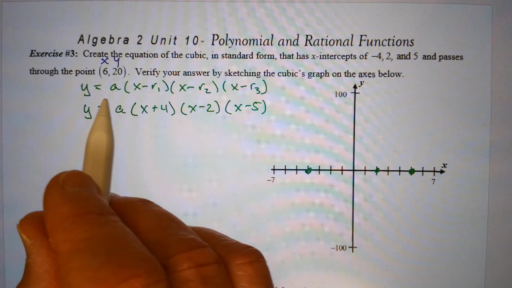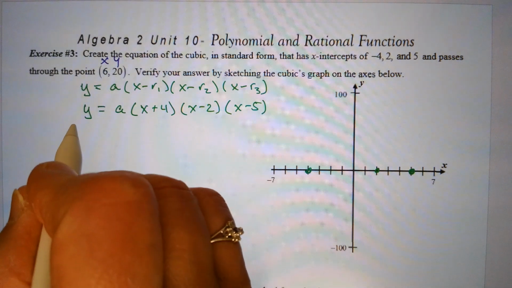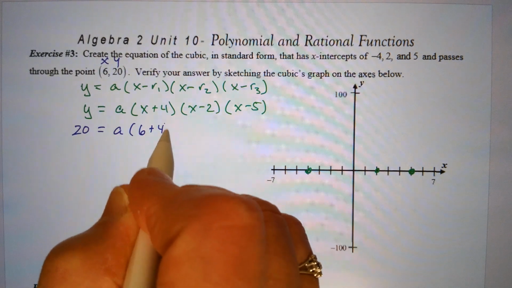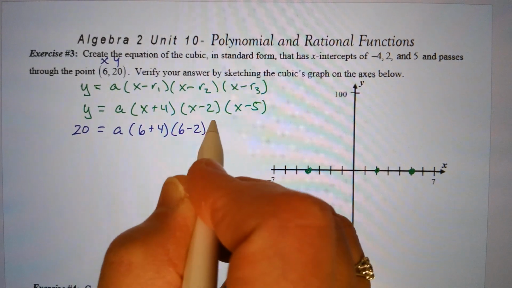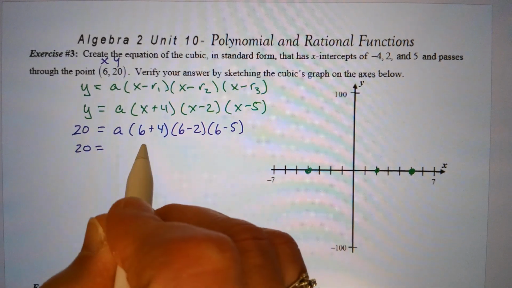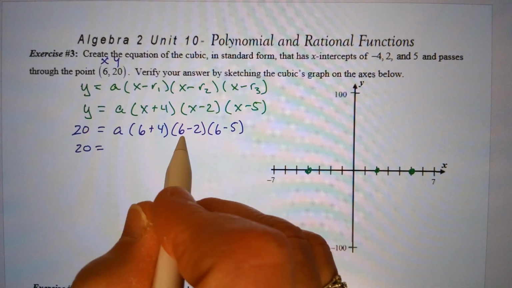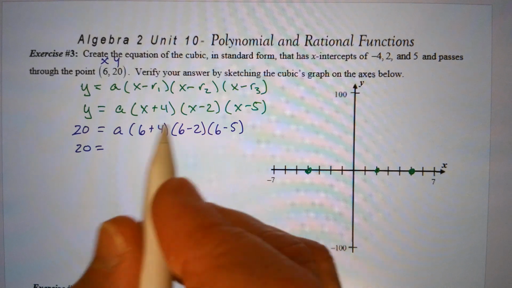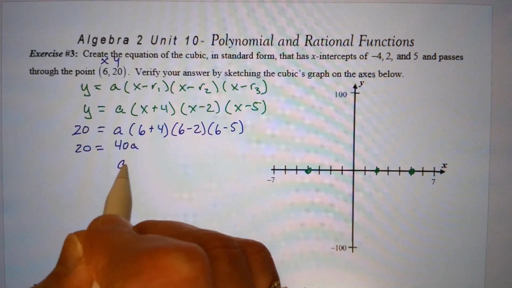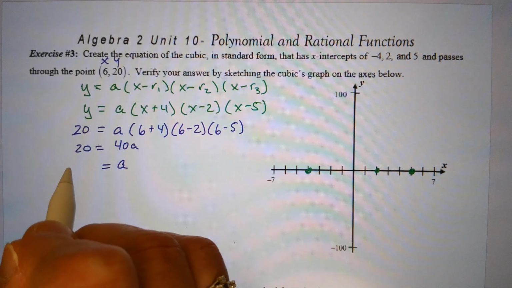So our x we replace with 6 and y with 20. That's 10 times 4 is 40 times 1, that's just 40. So 40a equals 20, divide both sides by 40, and a equals 1/2.